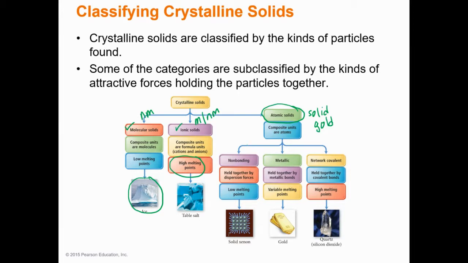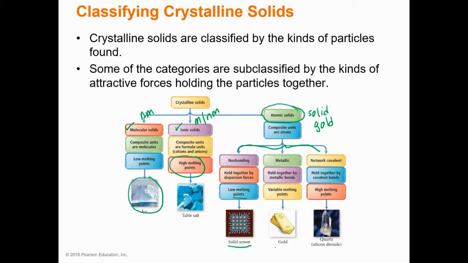And we see a lot of that happening with these elements that are in and of their own right bonded to each other. So solid xenon, if you recall, xenon is a noble gas. So when I have a bunch of solid xenons together, they're going to have pretty low melting points.